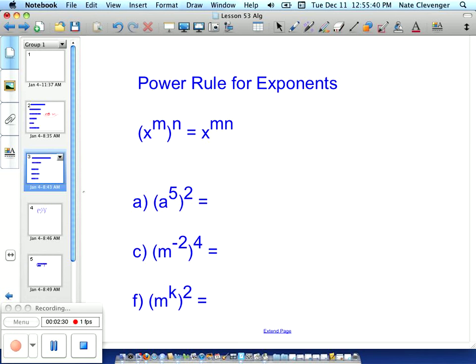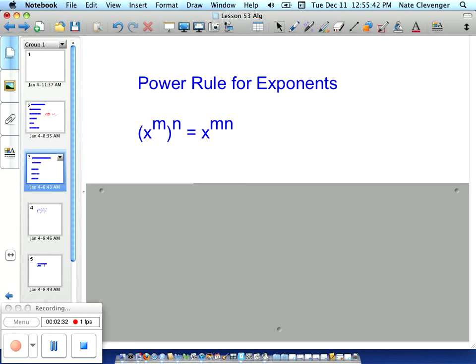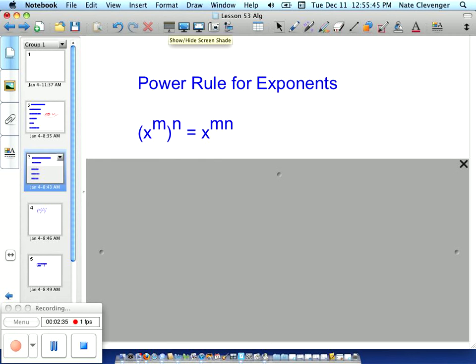Okay, power rule. All right, so this is new. I call it product, but it's power rule. Notice that you have x to the mth power in parentheses, then to another exponent.